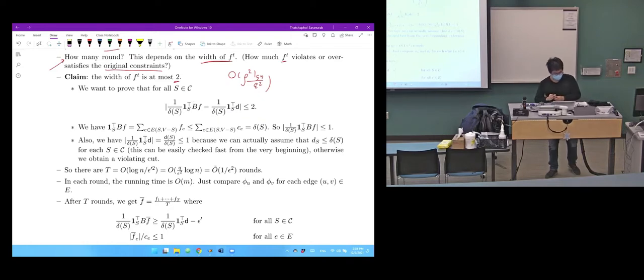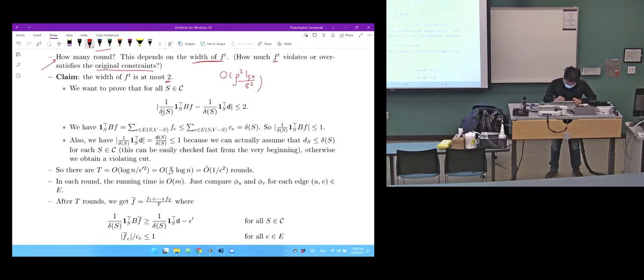Okay. And the way to do this is that I will just say that this term in absolute value is at most 1, and this term is at most 1. If both of these are true, then I'm done. Okay, so let's do it one by one.